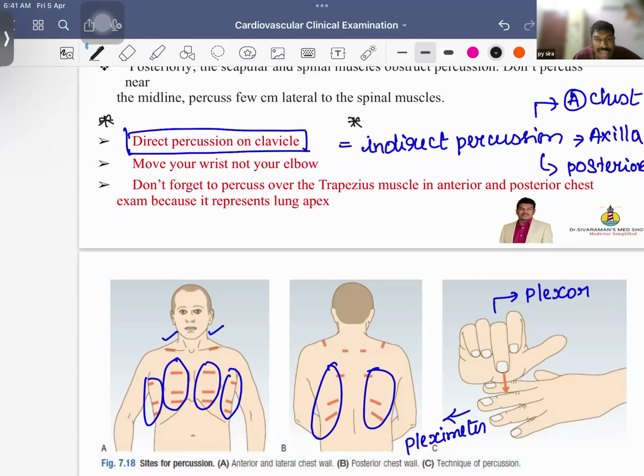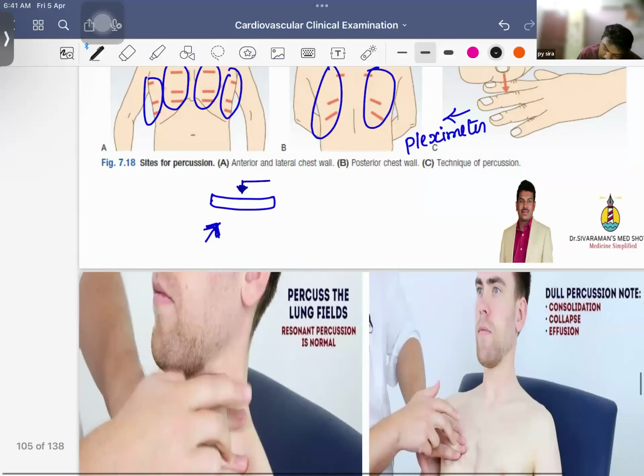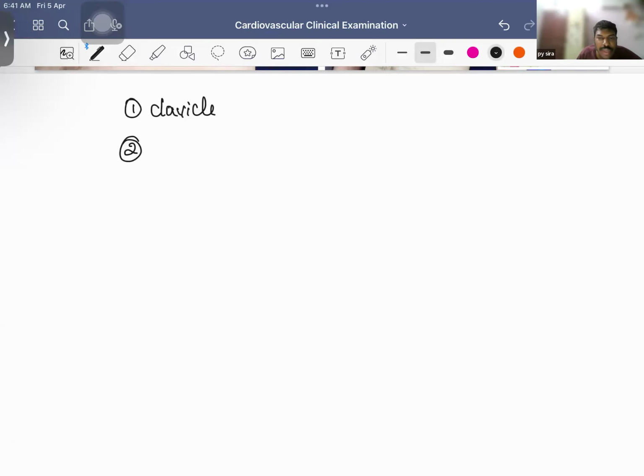So what are the areas of percussion? Whenever you percuss, first is the clavicle. Second is the supraclavicular region, which is called Kronig's isthmus.